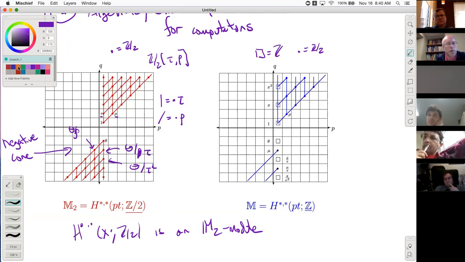One last thing I want to point out before I scroll up and move to the next page. All of this stuff and all of this stuff is in the image of the Hurewicz map. So all of that stuff comes from homotopy groups of spheres.